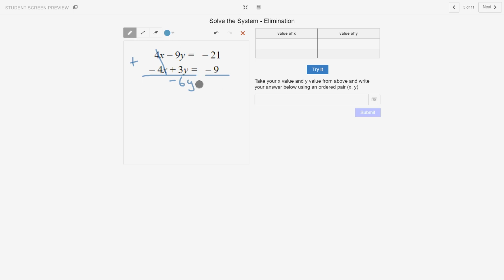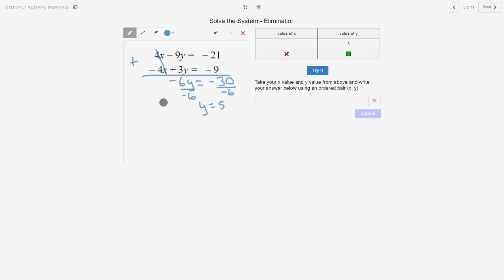And that's going to be negative 30. Divide both sides by negative 6. And our answer is 5. So that's our y. We want to make sure we put it in the right spot.